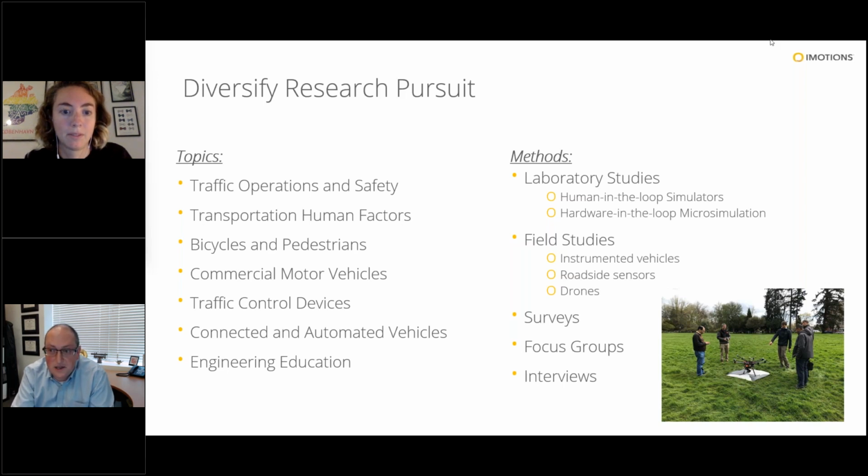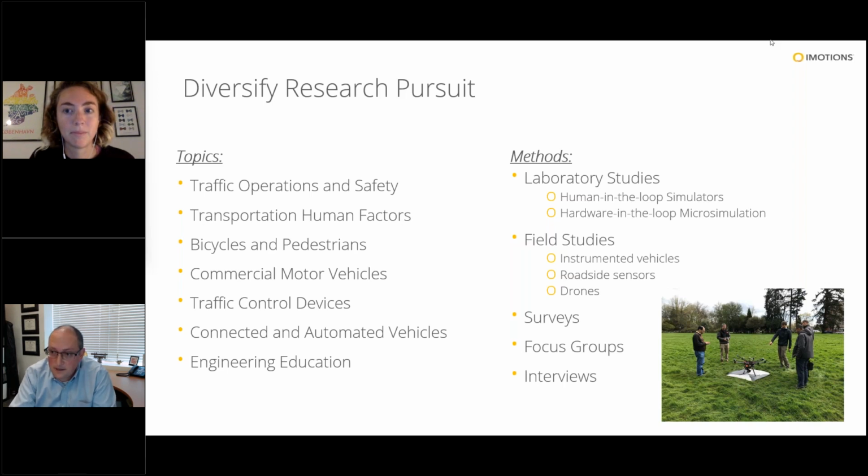Within that subdomain, we have threads of work that focus on vulnerable road users in the bicycle and pedestrian space. We have threads of work that focus on the needs and abilities and limitations of commercial motor vehicle operators. We do lots of work in traffic control devices. I've always had a passion for that. That's signals and pavement markings.